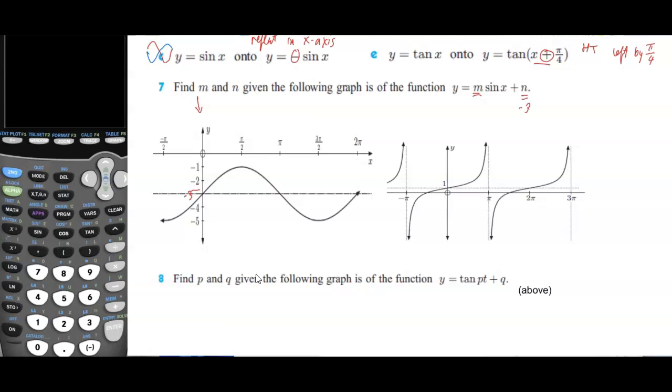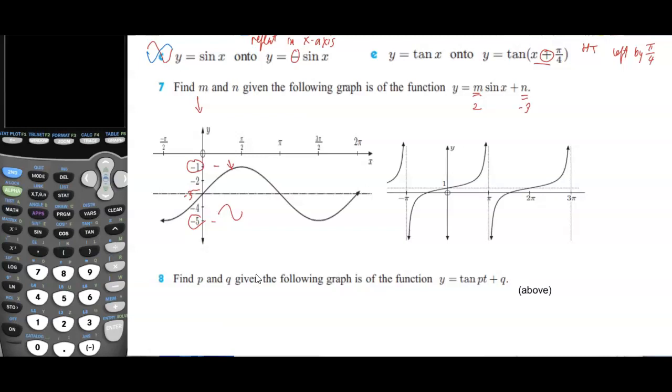And then as far as its peak to peak values, it goes from negative 5 to negative 1. So the distance between negative 5 and negative 3 is 2. The distance between negative 3 and negative 1 is also 2. So m is going to be 2. And it's going to be positive 2 because you can see that the main shape of sine is maintained, right?